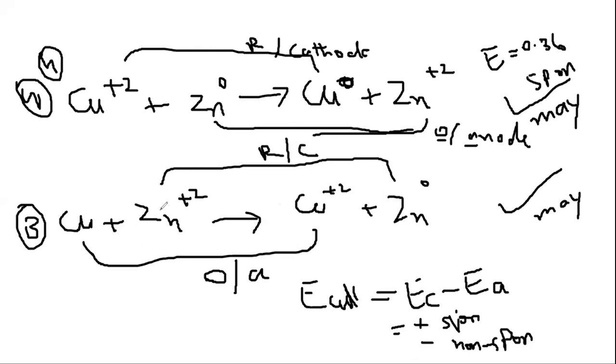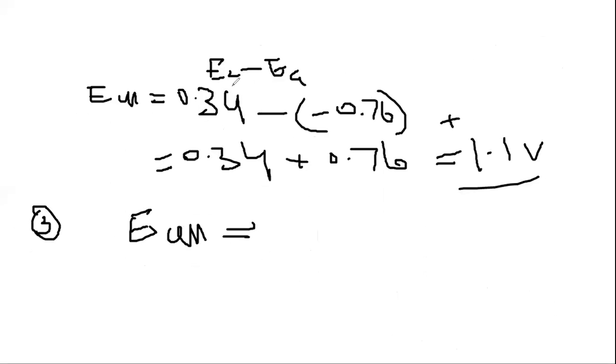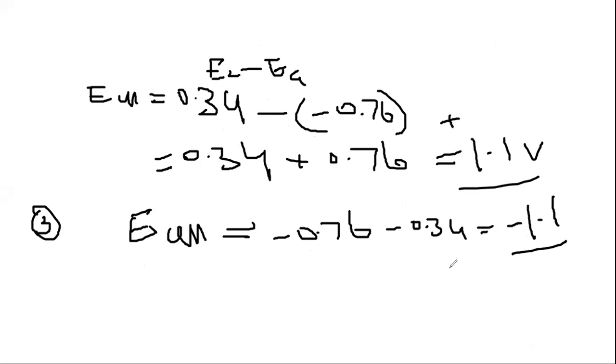That means zinc is at the cathode and copper is at the anode. Again, you do not need to change the potentials of the half cells. These will remain the same. So here the cathode will be minus 0.76 minus the anode, which is 0.34, and the value will be the same with a minus sign. That means this is a non-spontaneous reaction.